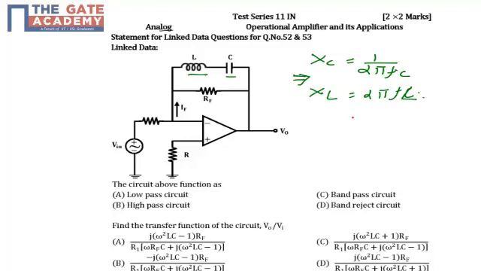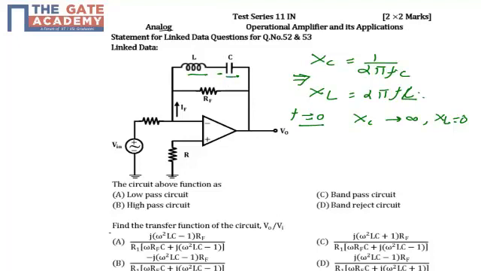Now assume that my frequency is very low, let's say it is 0. For a very small range of frequencies, my Xc tends towards infinity and XL is 0. So the capacitor will act as an open circuit.